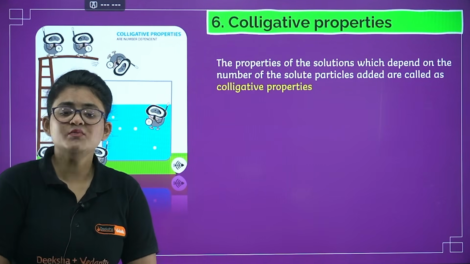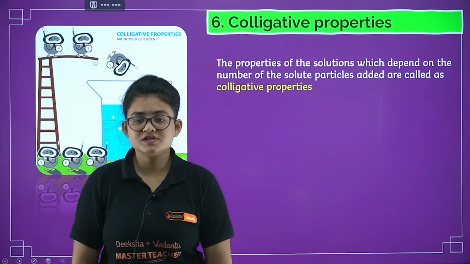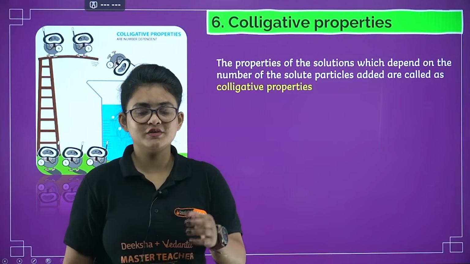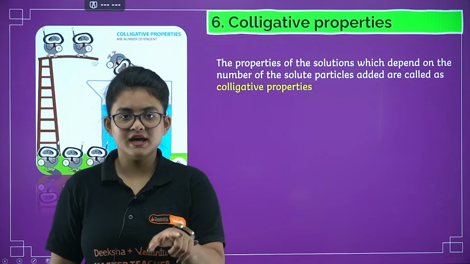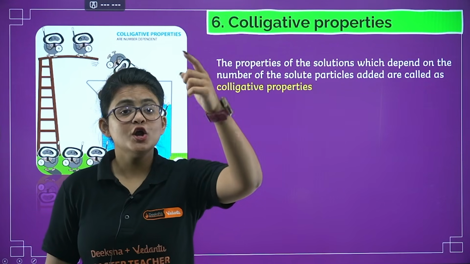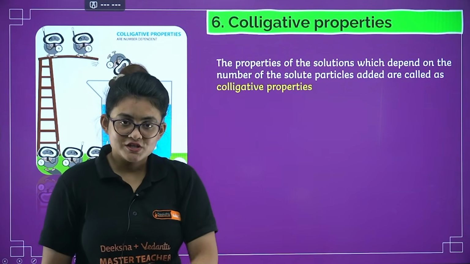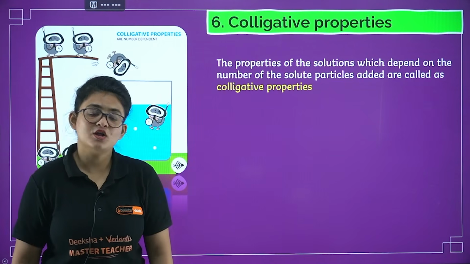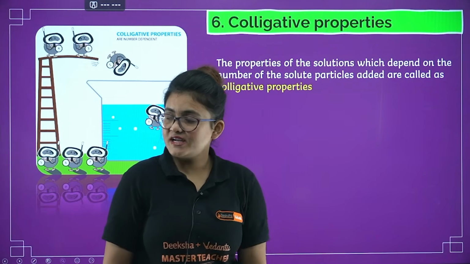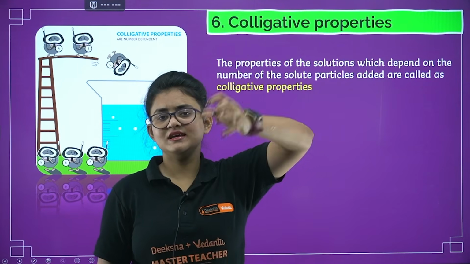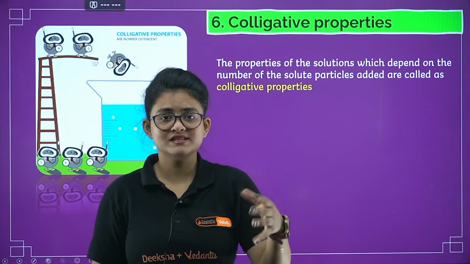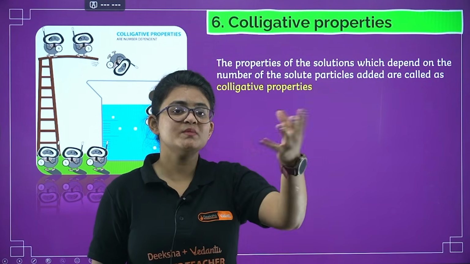Colligative property. First, why do we observe colligative properties? Whenever we use a non-volatile solute in a volatile solvent, what happens here? As I told you, the volatile solvent can nicely come out in the form of gas and contribute to the vapor pressure.